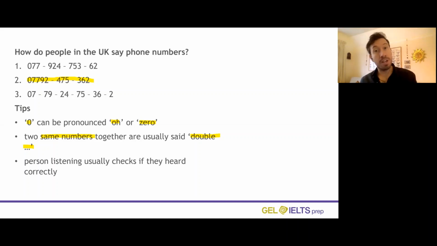So I can go, no, it's 362, not 462. So this is very common, and in the listening task, you will hear that sometimes. So if you miss the phone number the first time when you're listening, remember you might get another chance to hear it again when the other person repeats it back.